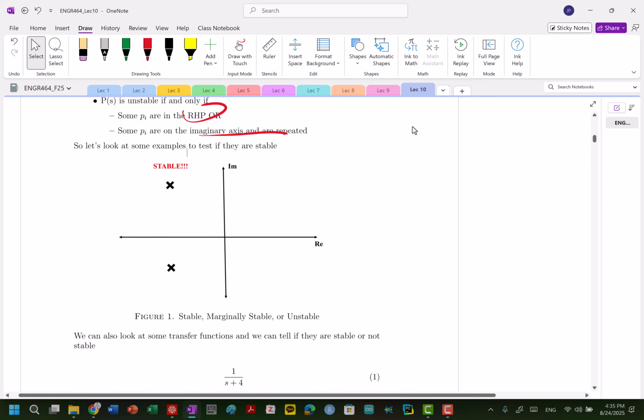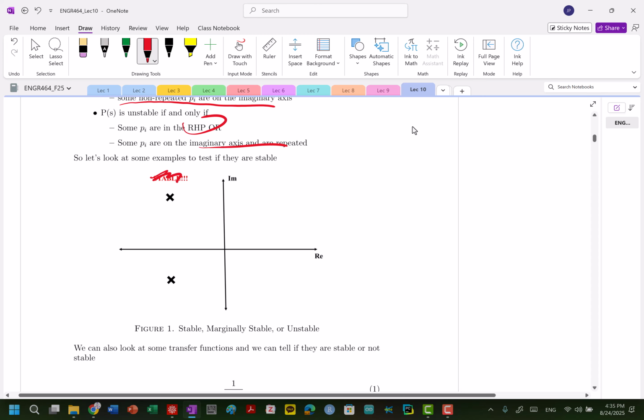Let's look at the first system. All poles are in the left-hand plane, so it's stable. What about this function? The pole is at -4, and definitely stable. What about here? Definitely stable. Why are we saying this is marginally stable? Because on the imaginary axis, we have some non-repeated poles.